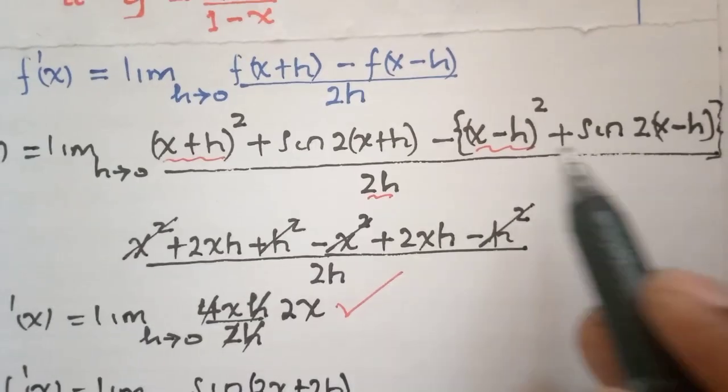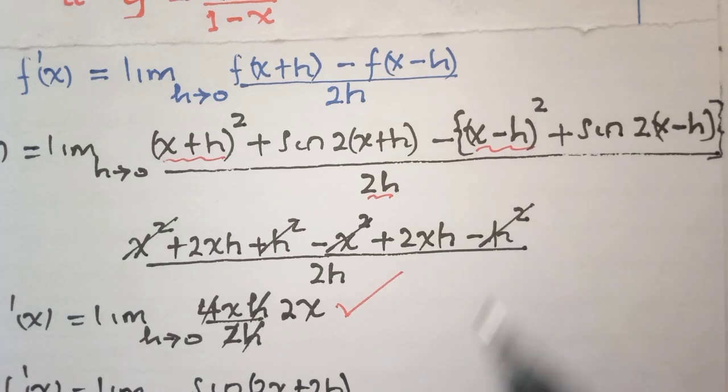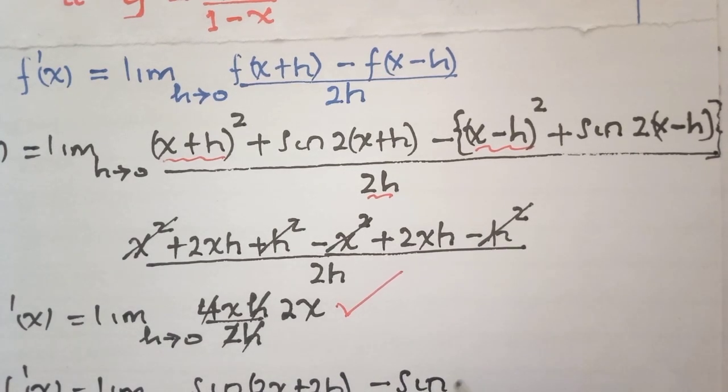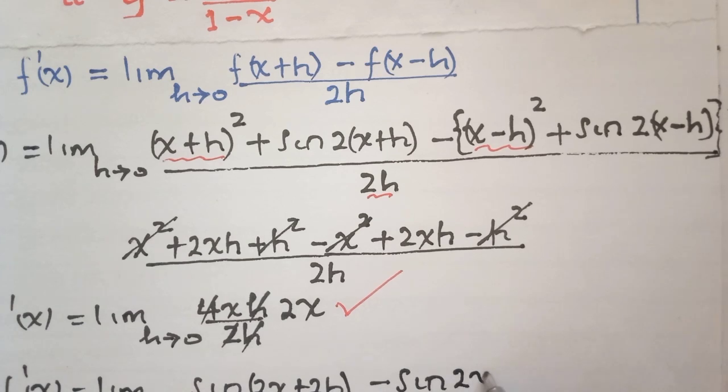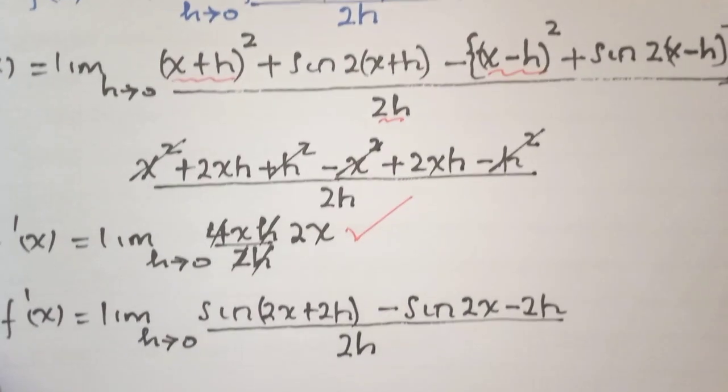Then minus, because of this minus, you shall have minus that. That is minus sine 2x minus 2h. This one now you write all over 2h, like that.